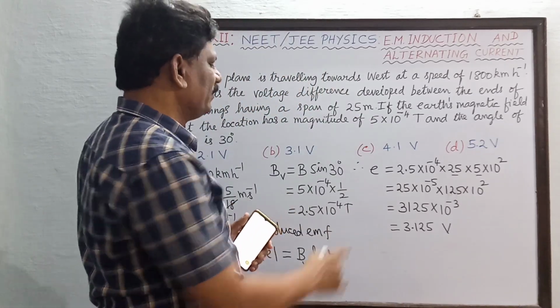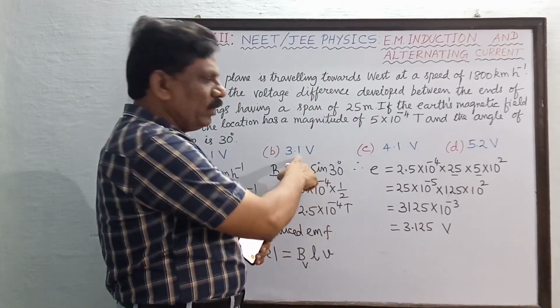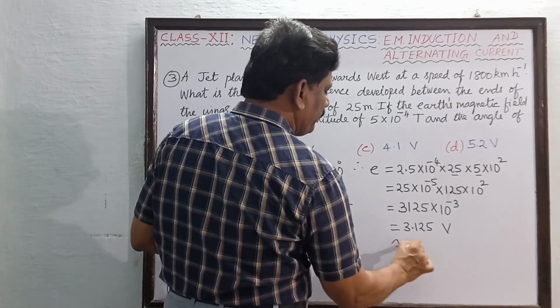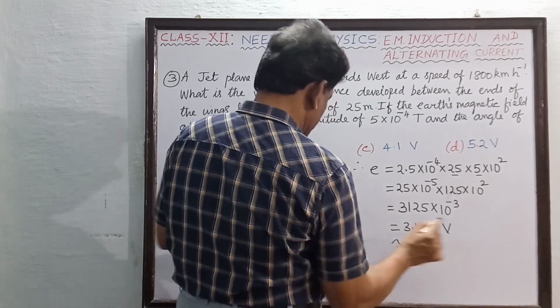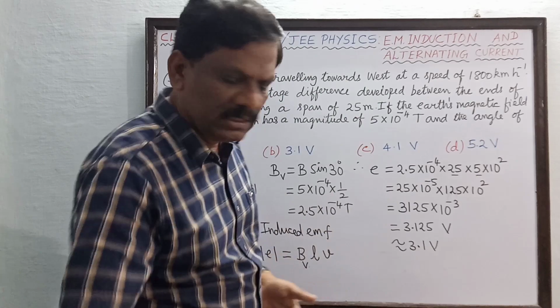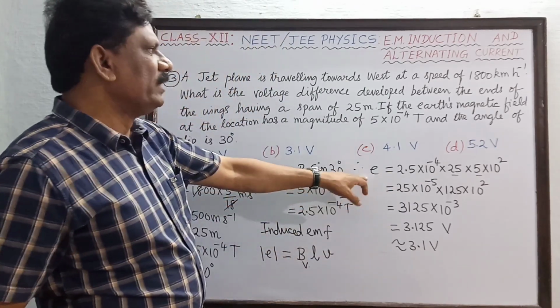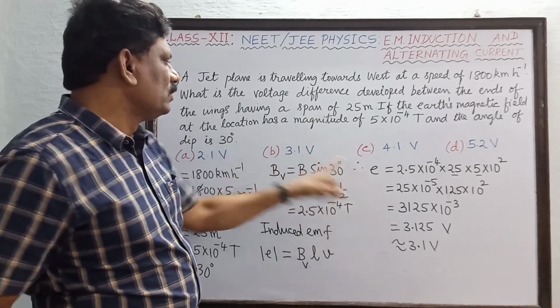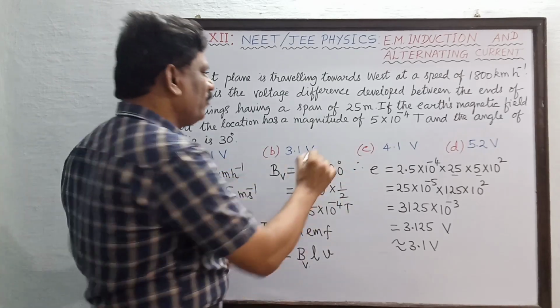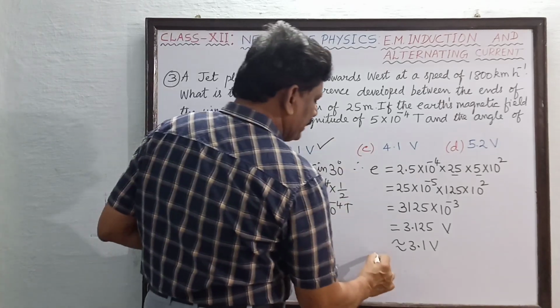The relevant answer here is 3.1, nearly rounded off to 3.1 volt. So we have got the answer. The voltage difference E is equal to 3.1 volt. Therefore, option B is the right answer.